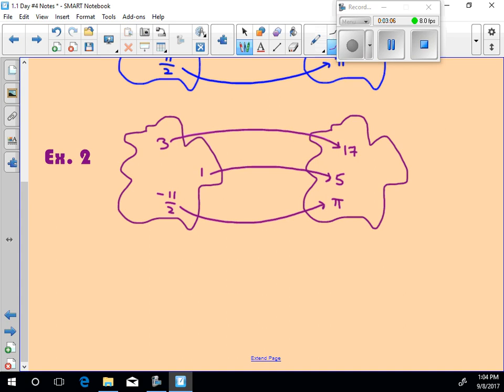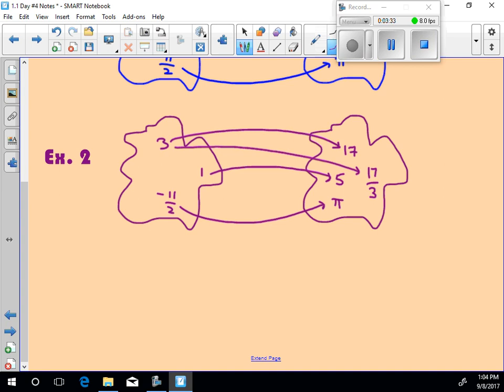Well, I'd have to confuse the operator, right? The operator thinks if I plug in a 3, I'd better get a 17. So how could I confuse the operator? I could make 3 have 2 separate outputs. So let's say 3 also maps to the number, I don't know, 17 thirds. Now the function is confused.